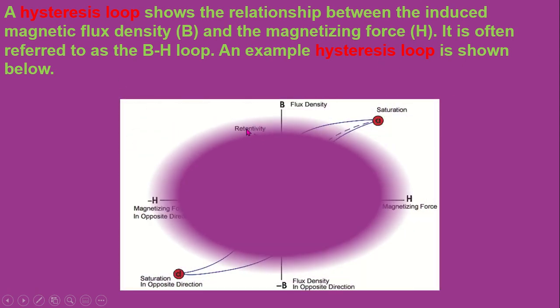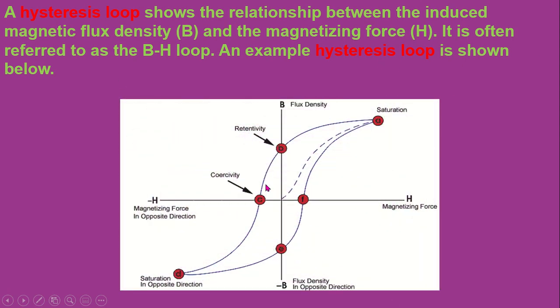Look at the figure. In this figure, this curve looks like a loop. That's why it is known as the hysteresis loop. Here along the x-axis we apply the magnetizing force, and along the y-axis we plot the magnetic flux density.